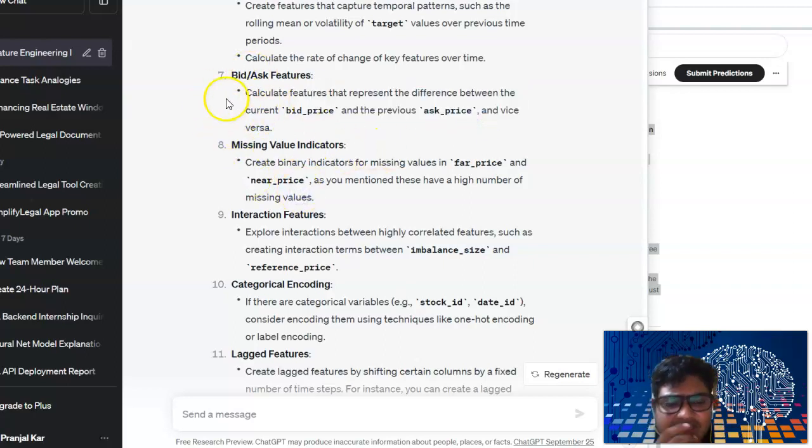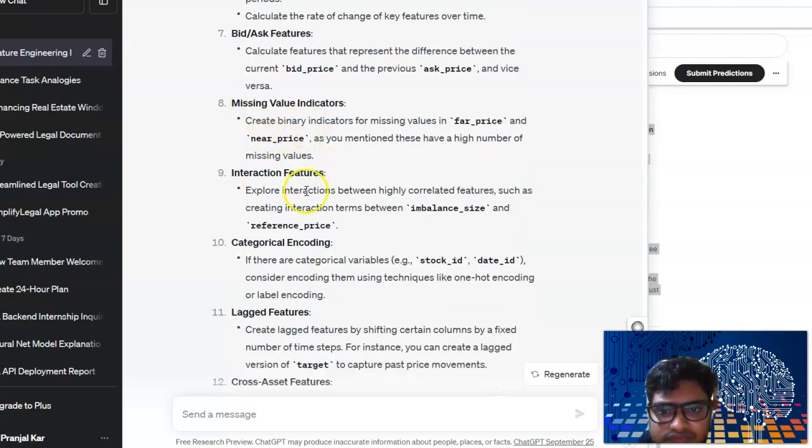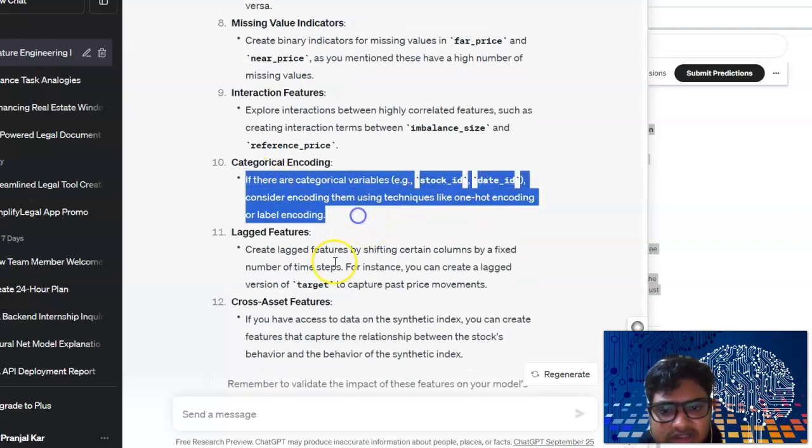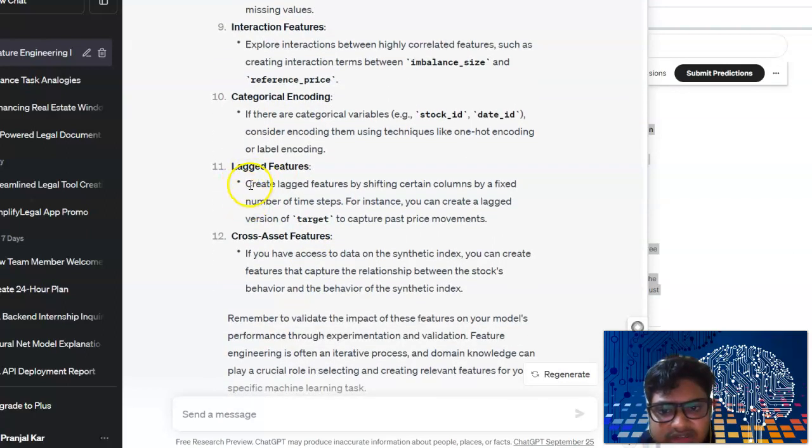That looks a little bit non-useful. Then indicators for missing values; nah, we don't need to look into the missing values. Interaction features. Categorical encoding, this you can do. Lag features.